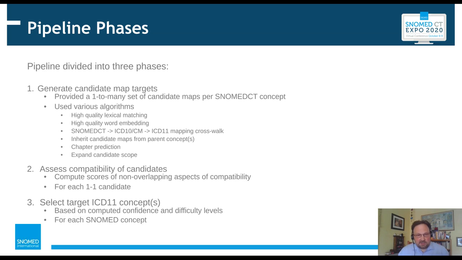Our algorithm essentially took an approach of using 3 different phases. Phase 1 was to fruitfully generate potential candidates between SNOMED and ICD11. So find pathways between our source terminology and our target terminology, and generate potential connections. The mechanisms we use for this are things you would imagine, high quality lexical matches.